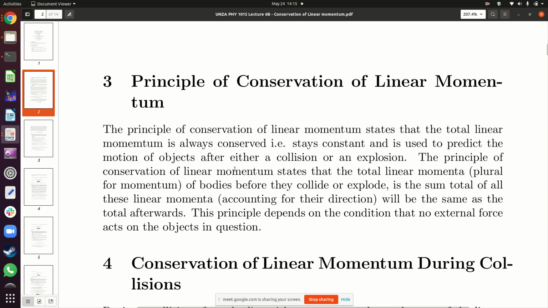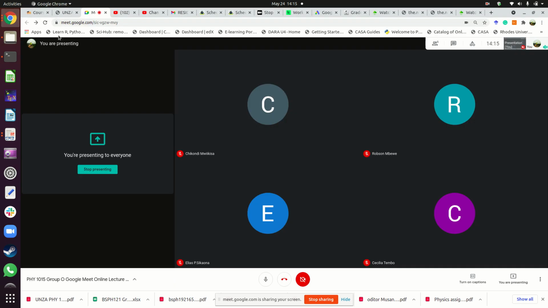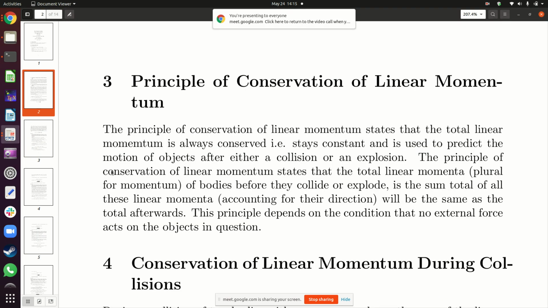The first thing we need to be aware of is that linear momentum is a vector. The direction of the linear momentum is the same as the direction of the velocity.